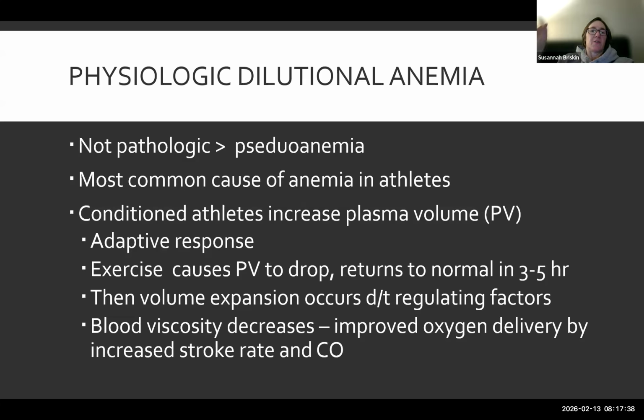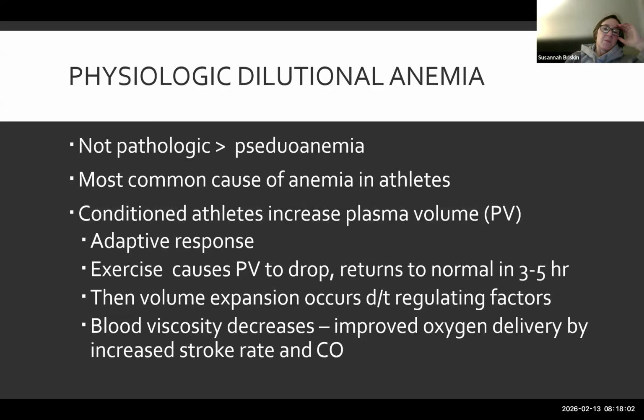Physiologic dilutional anemia is an interesting concept. This is, I think, the only hematology concept that came up on my CAQ, which I thought was kind of funny that they asked about this, but they want to make sure people can recognize it. So, conditioned athletes get an increase in their plasma volume as an adaptive response.